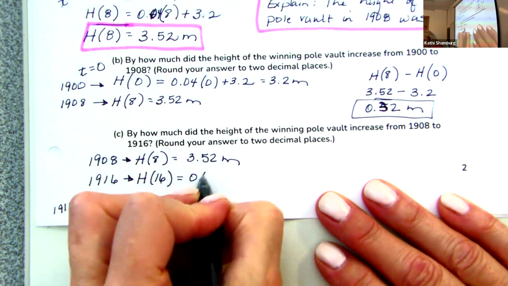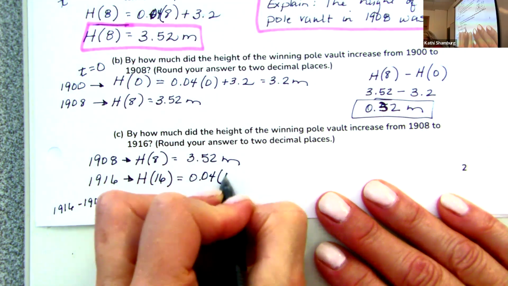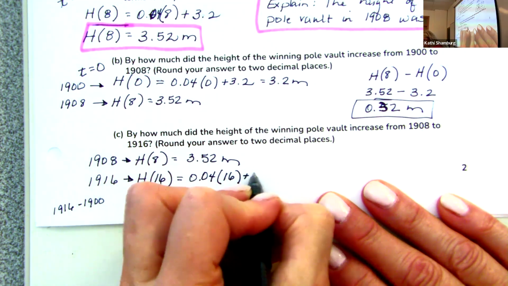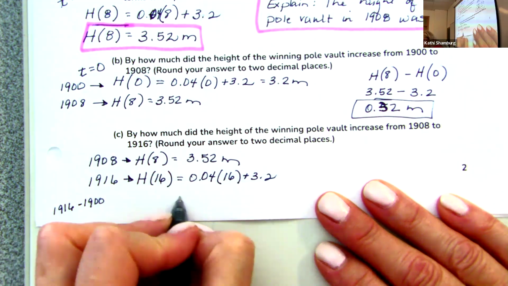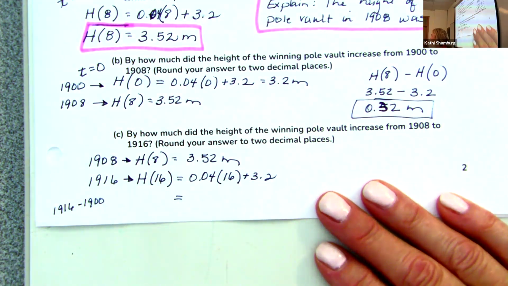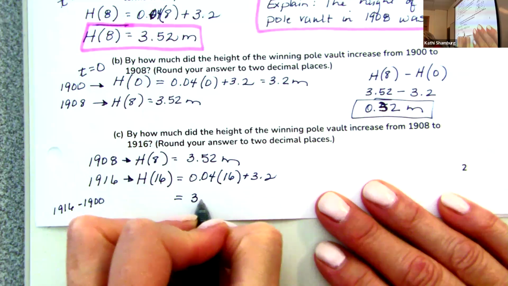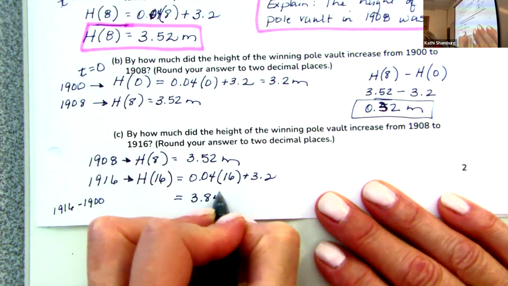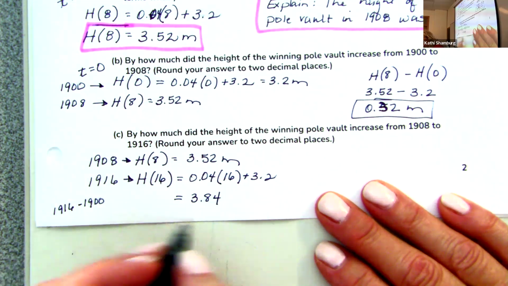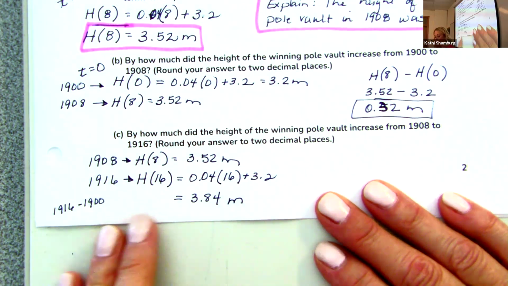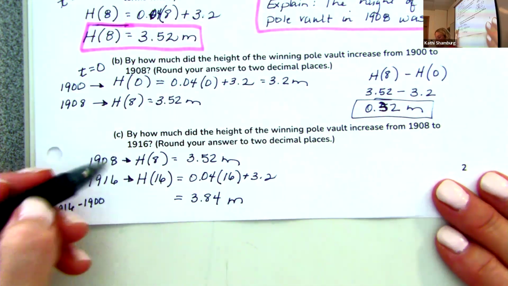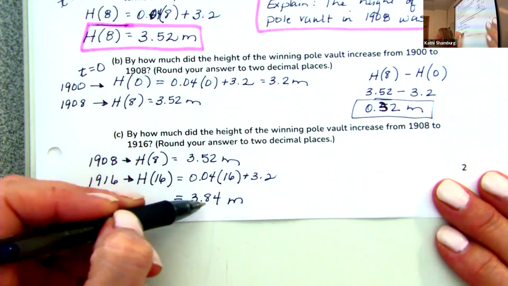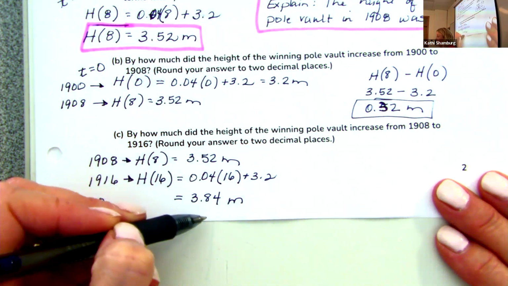So 0.04 times 16 plus 3.2. Does anybody have that calculated? 3.84. 3.84 what? Meters. Meters. All right. So again, from 1908, I can see the number gets bigger, so definitely increased, right?